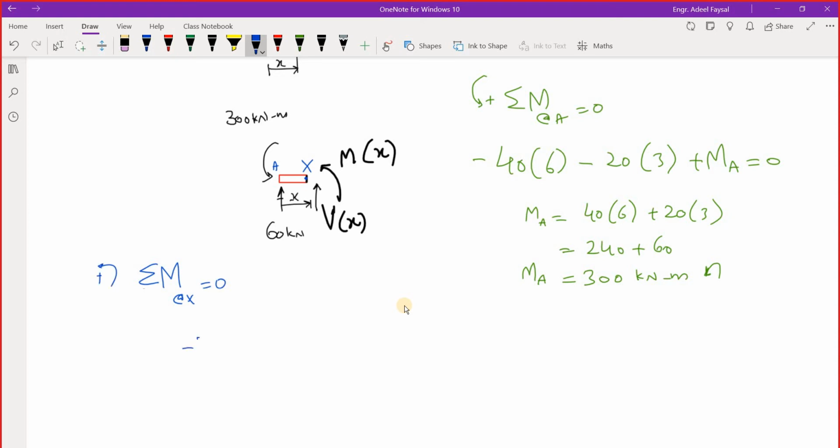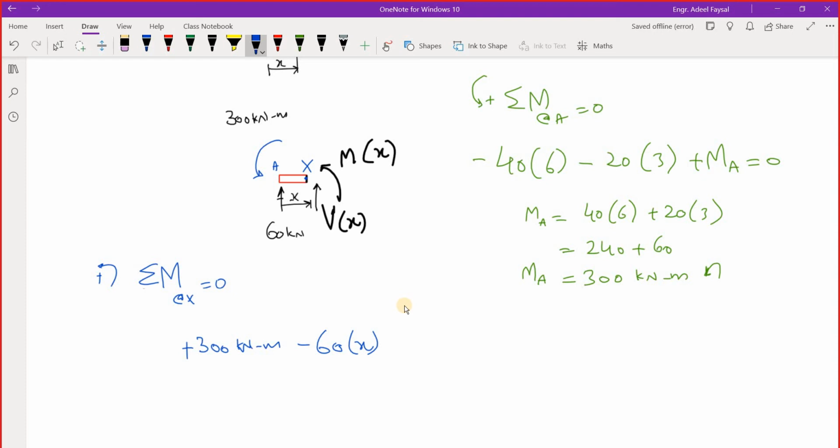Then the 300 kilonewton meter moment is in the same direction, so it is positive. And then 60 into distance x. Whether it is positive or negative, you need to see its direction. It is in the direction opposite to our positive, so it will be with a negative sign.